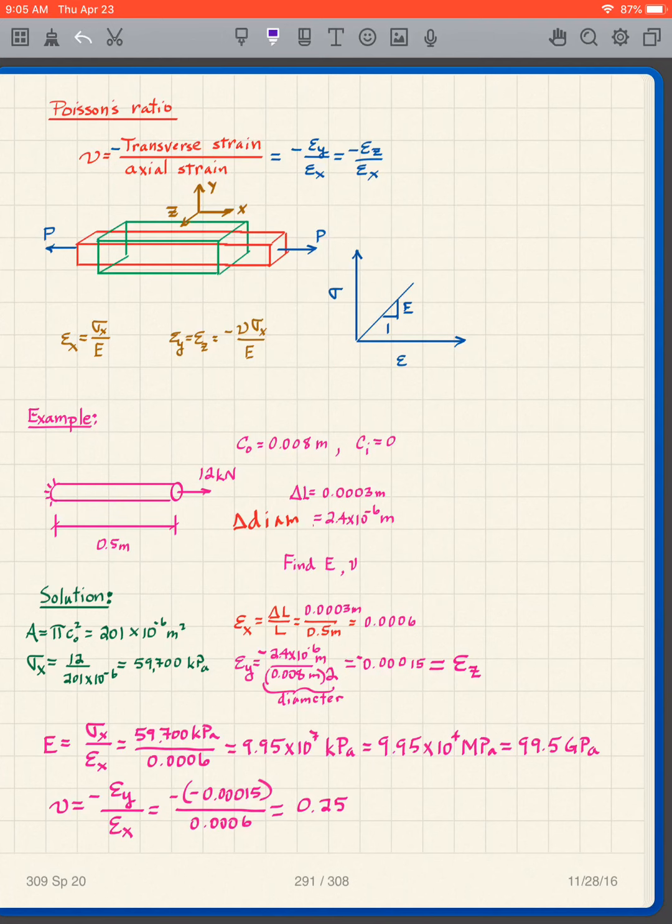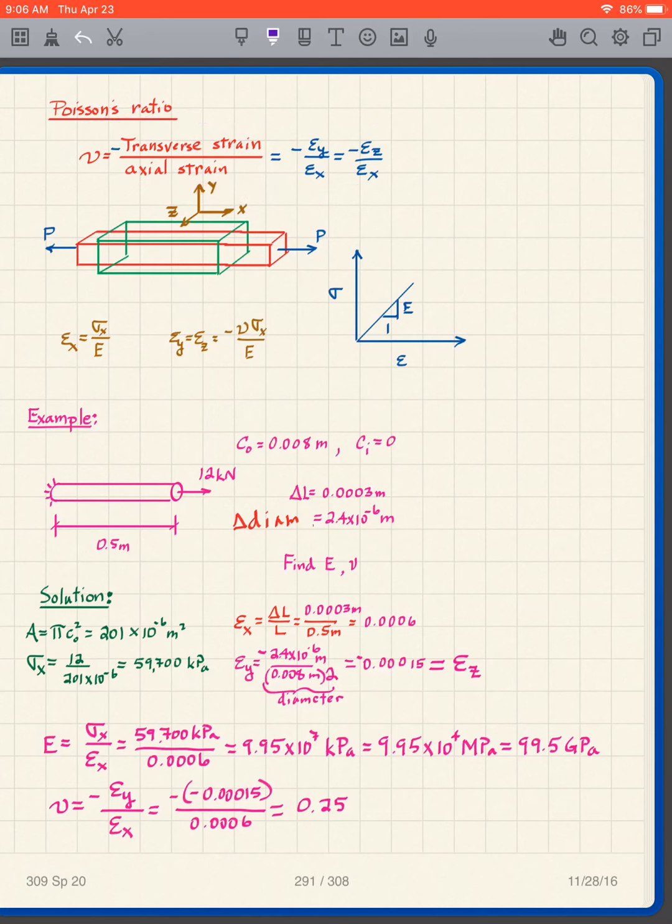It changes from the green cube to the red cube. In other words, it gets longer in the x direction and it gets shorter in the y and z directions. And that's because of the Poisson's ratio effect.